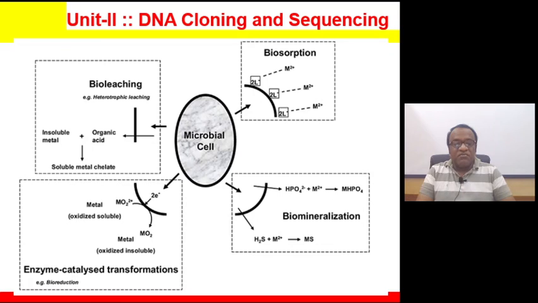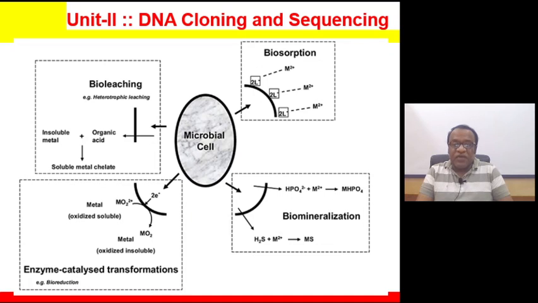Essentially, the mechanisms by which microorganisms act on heavy metals include biosorption, that is, metal sorption to the cell surface by physicochemical mechanisms. Then we have bioleaching, where heavy metal mobilization occurs through the excretion of organic acids or methylation reactions.